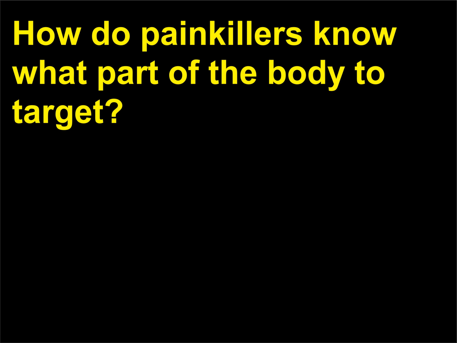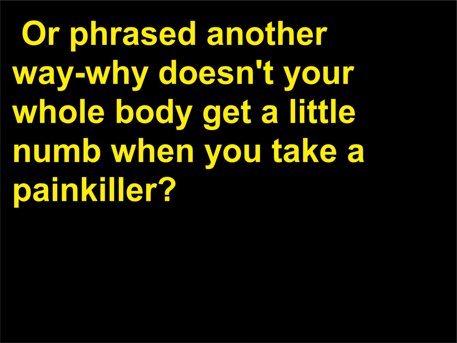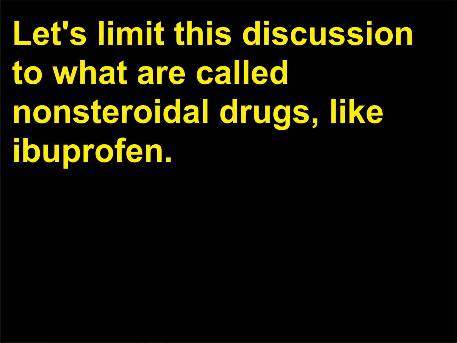How do painkillers know what part of the body to target? Or phrased another way, why doesn't your whole body get a little numb when you take a painkiller? Let's limit this discussion to what are called nonsteroidal drugs, like ibuprofen.